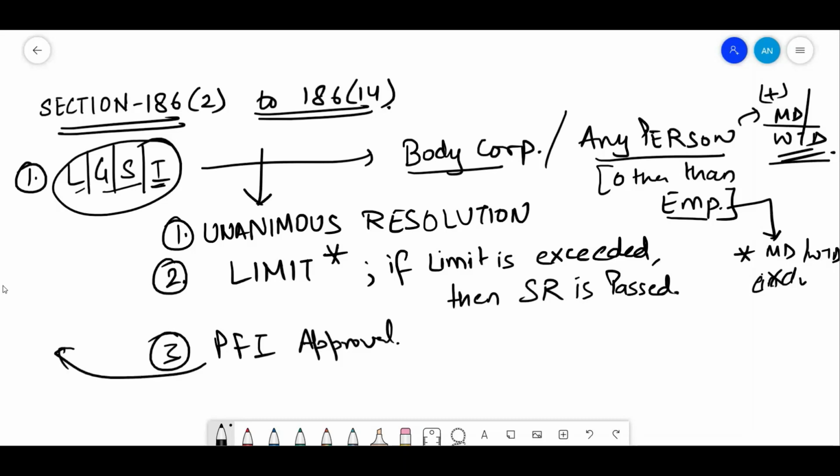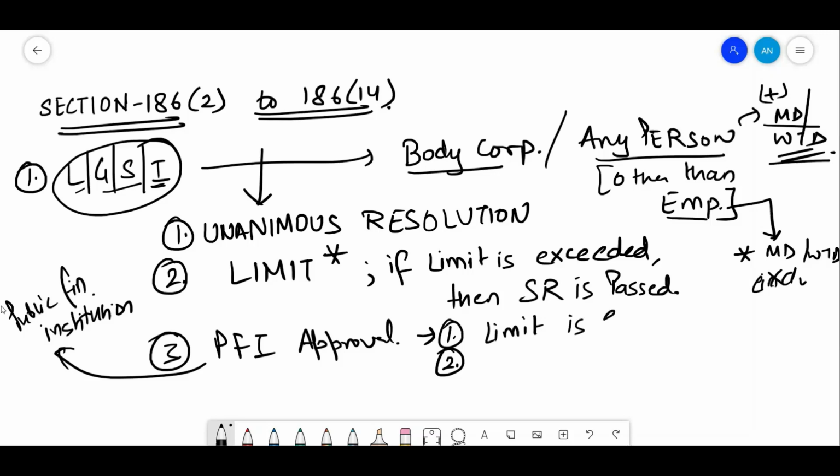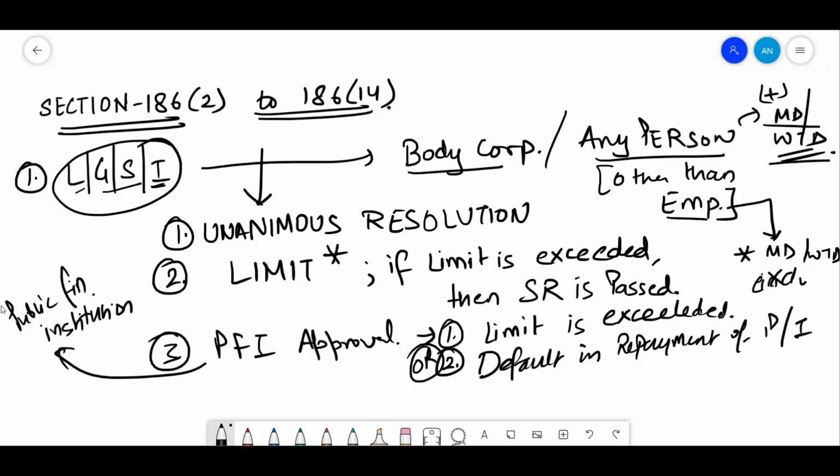PFI is Public Financial Institution. This is taken in two cases, first case and second case. First case is if limit is increased, limit is exceeded, same as above, or second, there is any default in repayment of principal or interest. All right, and the fourth point is about deposits.